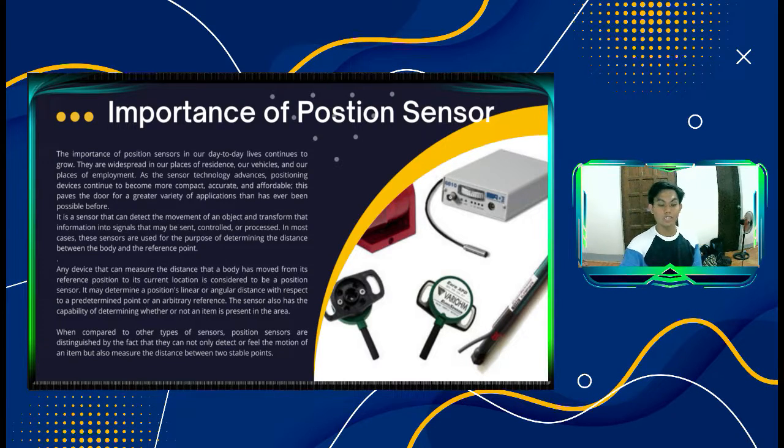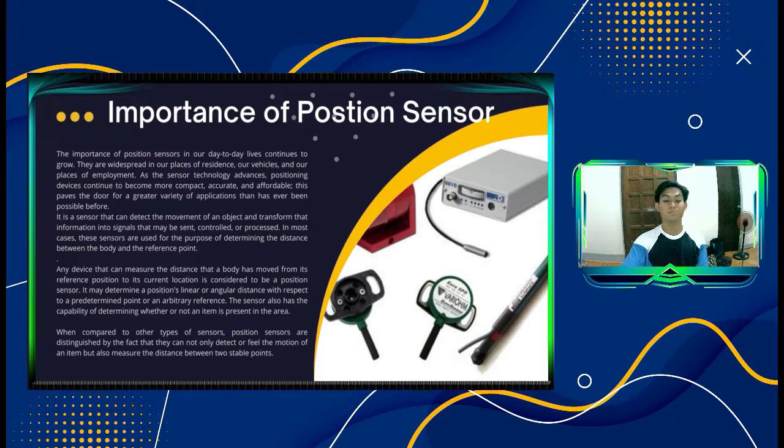These sensors are normally used for measuring the distance of a body from a reference point. A position sensor is any device used for measuring the distance traveled by a body starting from its reference point. It measures linear or angular position in reference to a fixed point or arbitrary reference.